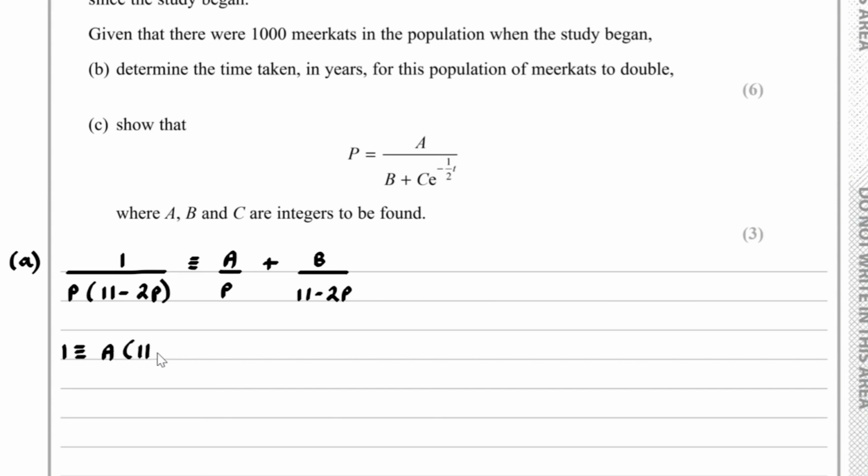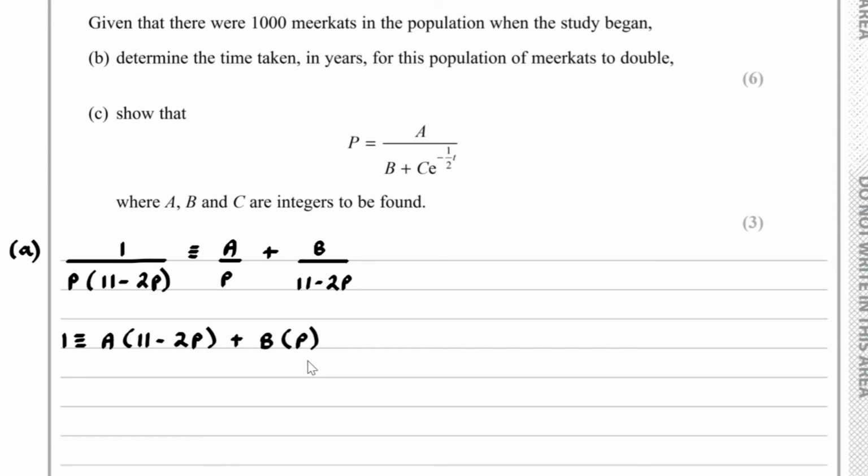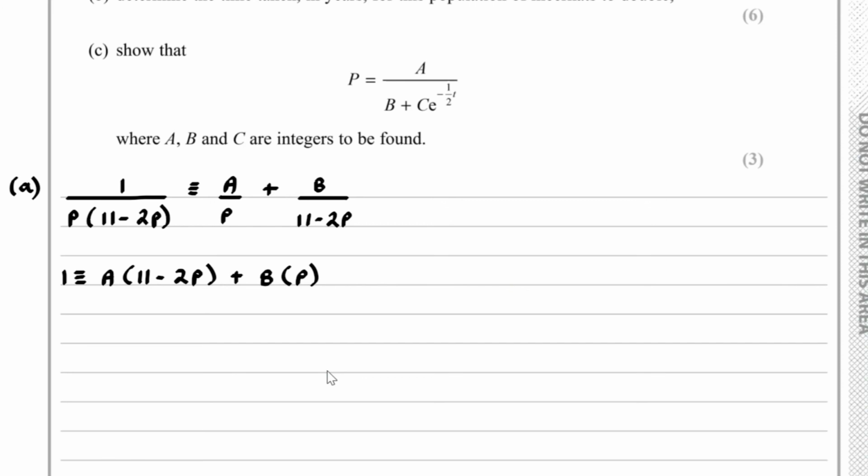Now we can substitute in different values of p to help us find out what a and b are. For example, when p equals 0, I've got 1 equals 11a, in which case you can see a is equal to 1 over 11.